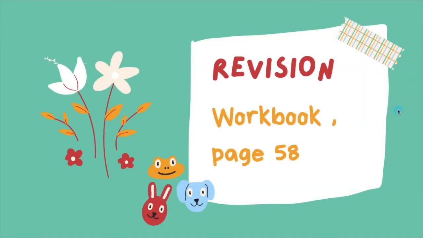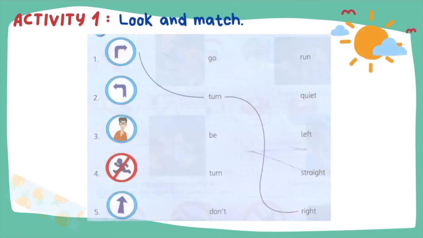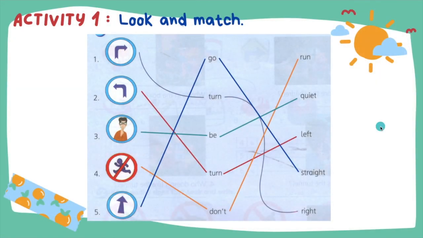Now, let's do some revision on your workbook, page 58. Let's look at activity 1. Look and match. Try it first. It is pretty simple. Look at the signs and match with the correct phrases. Let's look at the answer. Number 1.